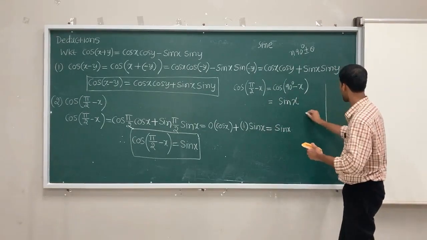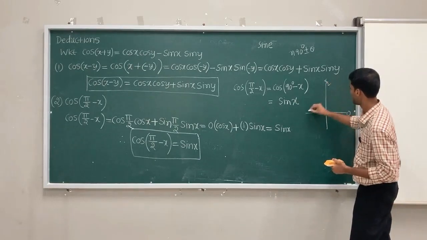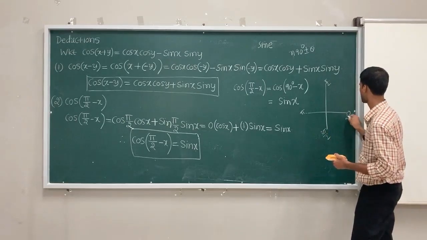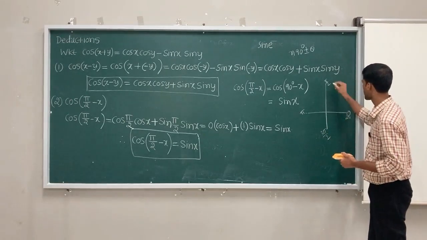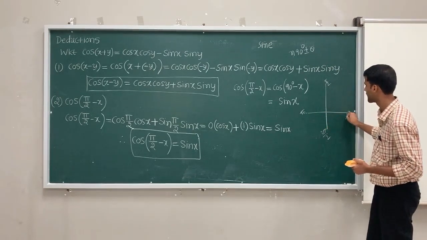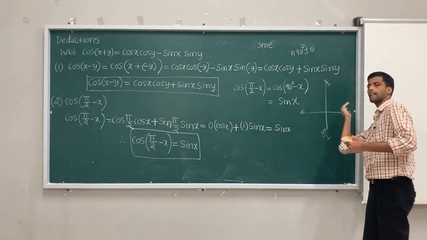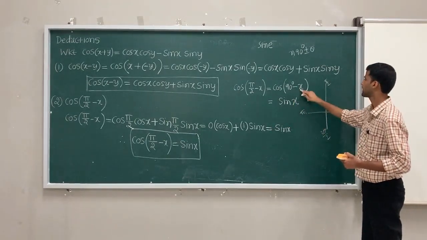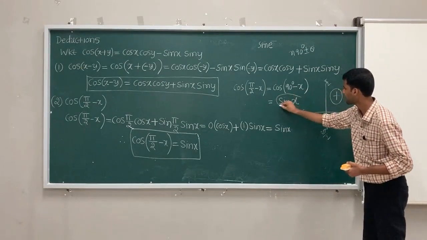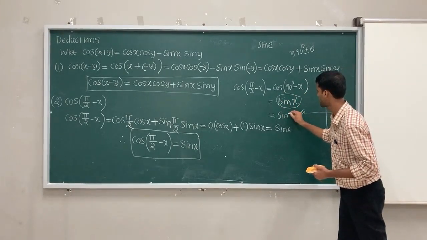And 90 minus x, we all know this is 0, this is pi by 2, this is pi, this is 3 pi by 2, this is 2 pi. This 0 to 90, 90 to 180, 180 to 270, 270 to 360. This is 90, so if you move further, it is 90 plus. If you come back, it is 90 minus. Here I have 90 minus, so it will come in the first quadrant. In the first quadrant, we all know sin x is positive. So its sign is plus, so the answer is sin x. Check here.